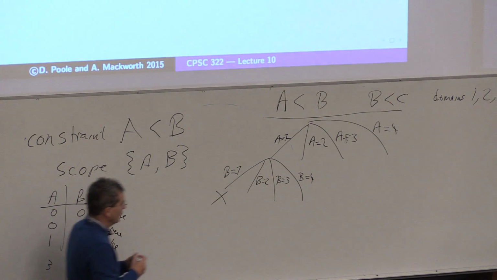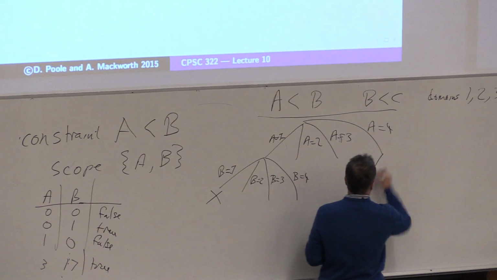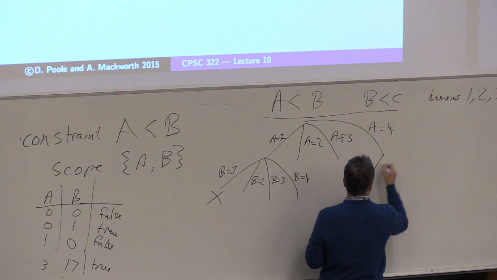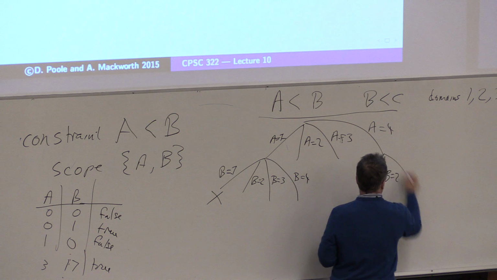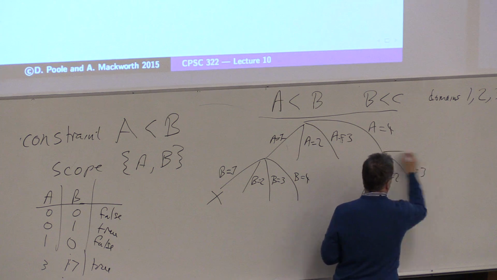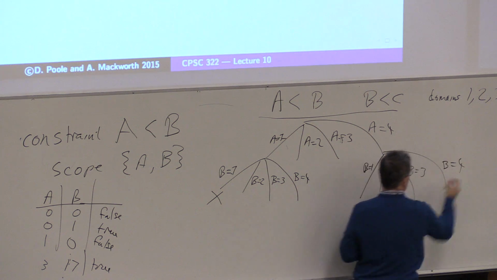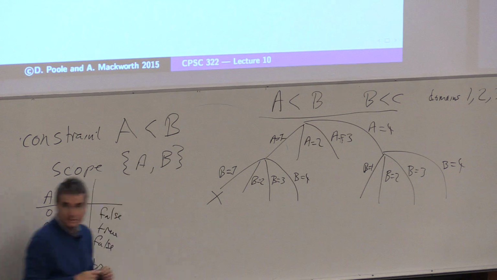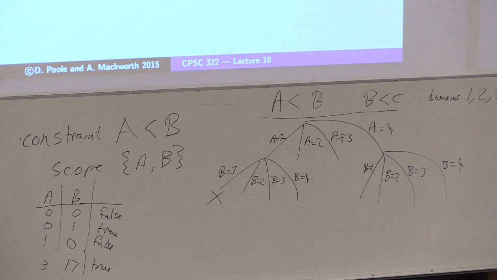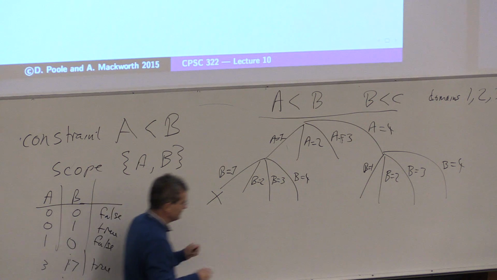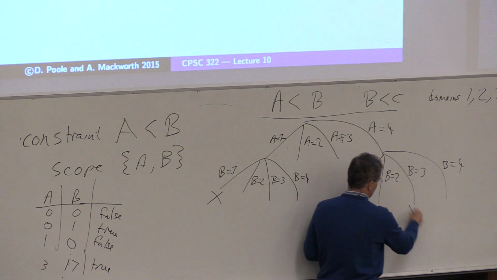And what about this one up here with B is 1, B is 2, B is 3, and B is 4? What can we do here? You can prune all of them.